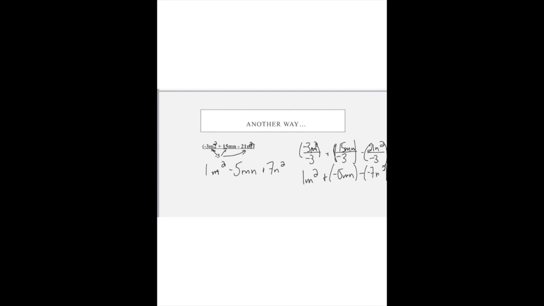And then you have to change the symbols again. So you have m squared minus, so plus negative 5mn is the same as saying minus 5mn, and minus negative 7n squared is the same as saying plus 7n squared.